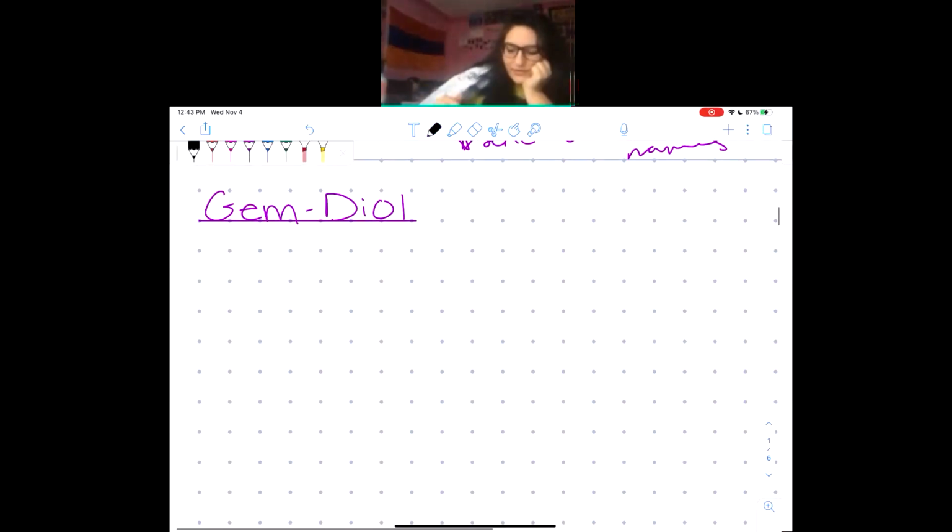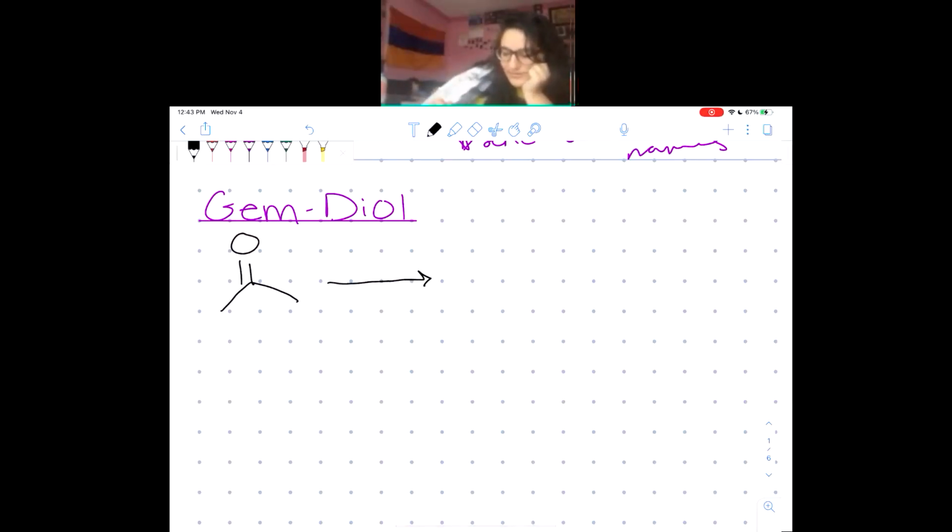Okay. So for the gem diol reaction, let's start with a ketone. And for the gem diol reaction, our reagents are going to be H2O and some catalyst.